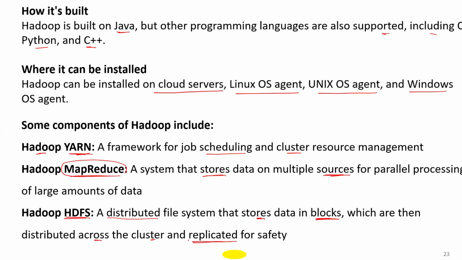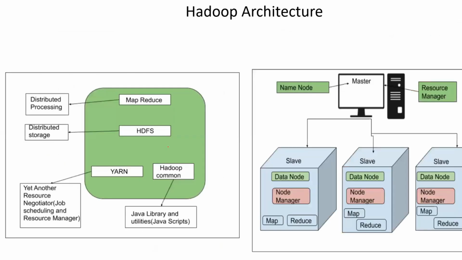So it offers replication as well. In case of failure, a second copy is available, and it is distributed across the cluster, where it will be analyzed in small chunks.